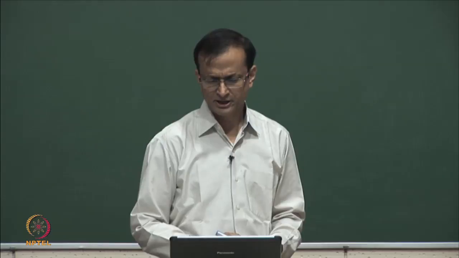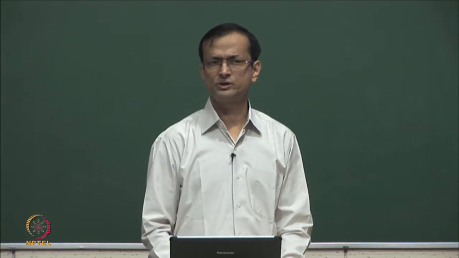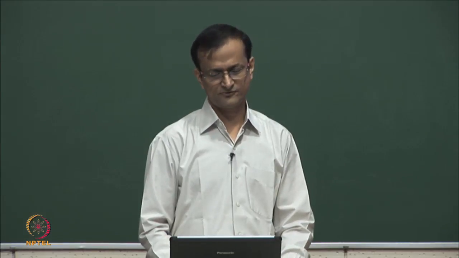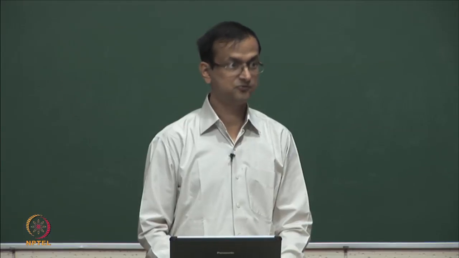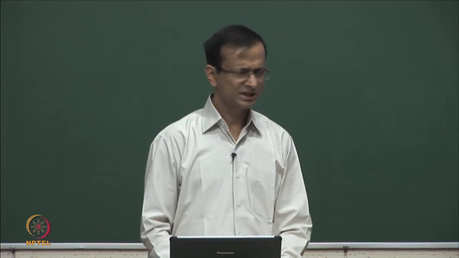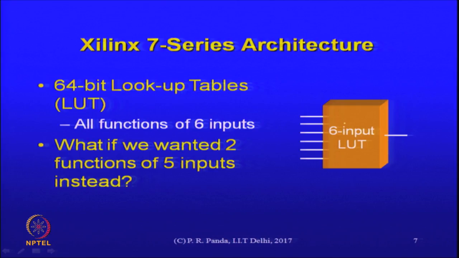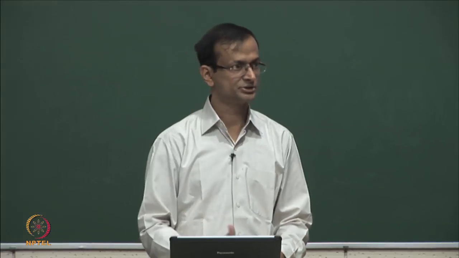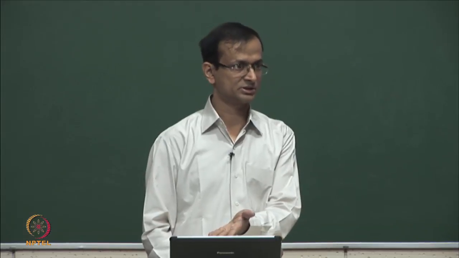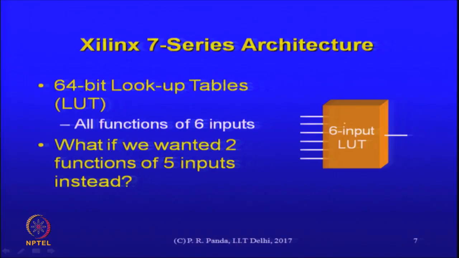You can see that if your Boolean functions were all of 4 variables each, then the 6 input LUT is sort of an overkill. Of course, the larger that number of inputs is, the more the delay is of this structure, and the more the area is, and so on. But can we think of a simple variation?